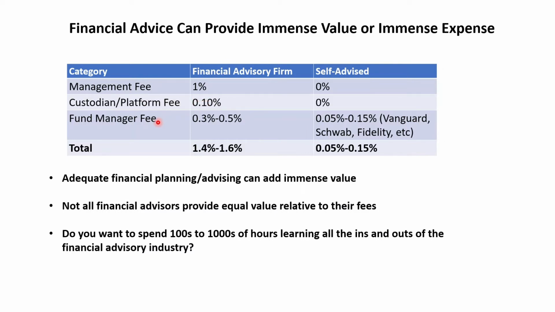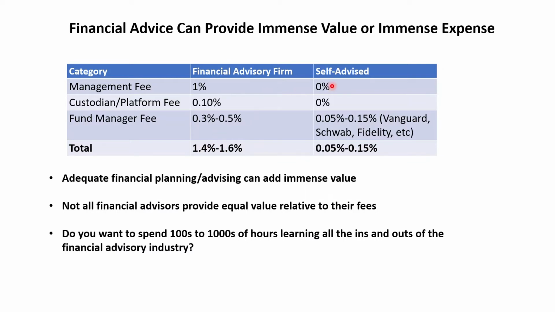The next fee is the underlying fund fee or expense ratio of the fund. The advisor is just charging you a fee to advise the assets, but he's not actually managing the underlying funds. He's allocating you to a fund, and those funds have fees. Those fees are typically about 0.3% to 0.5%. So when you look at the all-in fees, it's about 1.4% to 1.6% of using a financial advisor.